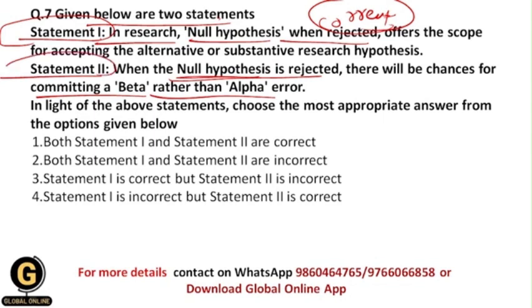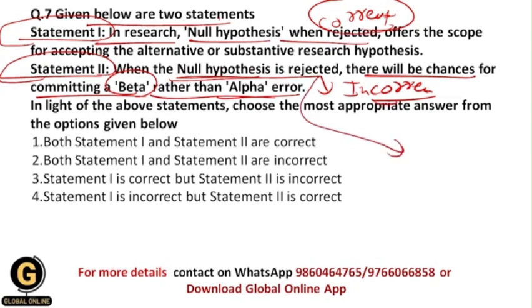And that's why this statement is correct. But the second statement states that whenever we reject the null hypothesis, then there will be chances for committing a beta error rather than alpha error. But this statement is incorrect because as we have seen earlier in this video, whenever we reject the null hypothesis, then there will be the chances for occurring type 1 error, not type 2 error, because within type 2 error we accept the null hypothesis, we don't reject it, and the probability of occurring type 1 error is itself what?